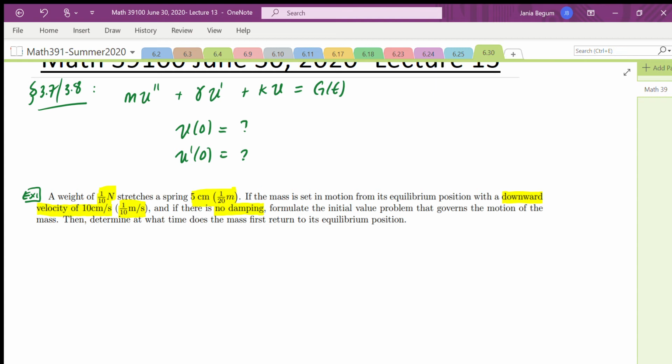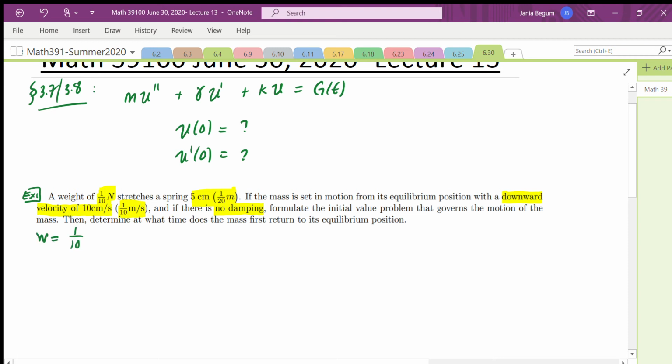Let's see what we can set up. We want to find our unknown coefficients, which are m, gamma, and k, set up the differential equation, and then solve for it. For the first part, we're given the weight, which is 1/10.